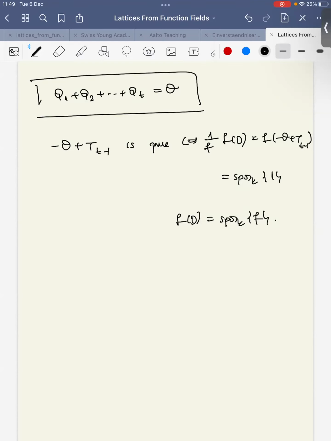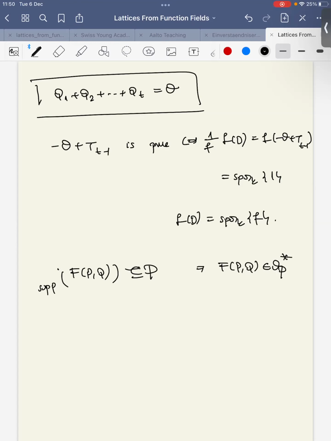And now for the rest of the statement, for each function f_PQ, we know that its principal divisor has support that is a subset of P, so that means f_PQ is in OP star.